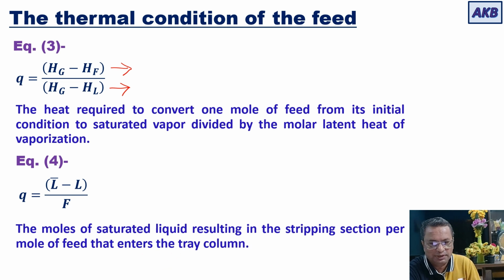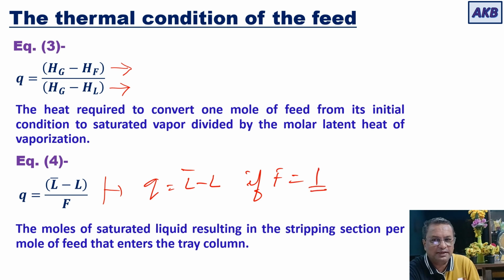That is, as per this equation, Q will be equal to L bar minus L if F is equal to 1. So if feed is 1 mole, then Q is the saturated liquid that will result in the stripping section.